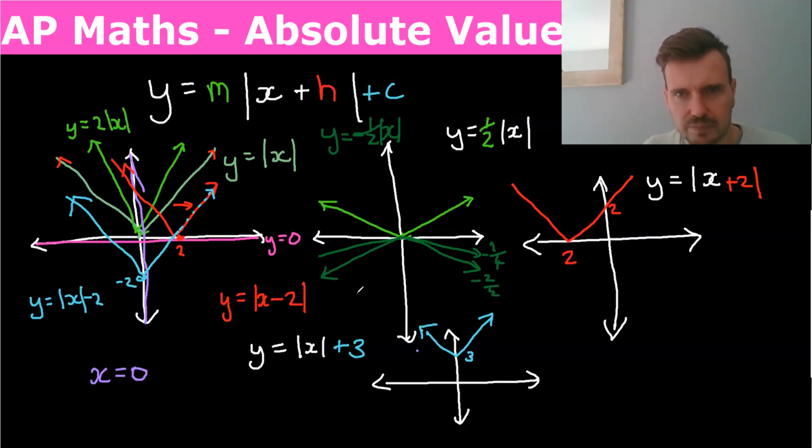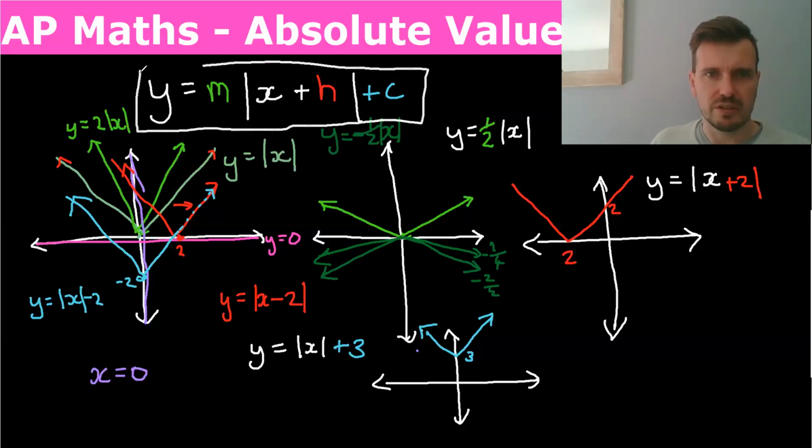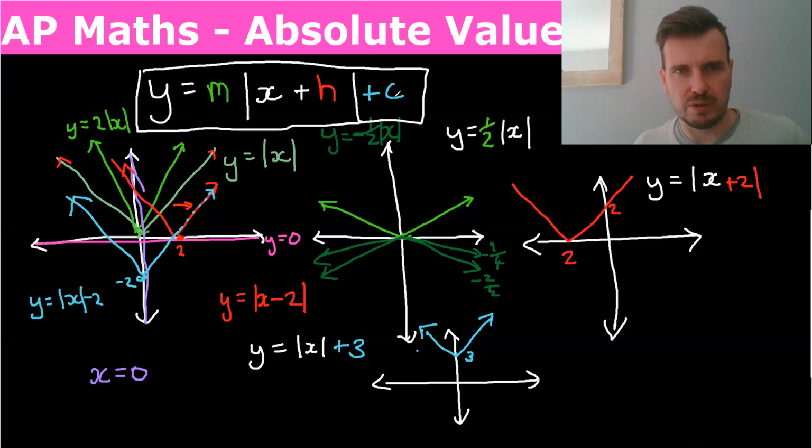Okay, so this is your general form of your absolute value equation. And you just need to know what your normal y equals x does, and then how it would change when you added a c, an h, or an m.